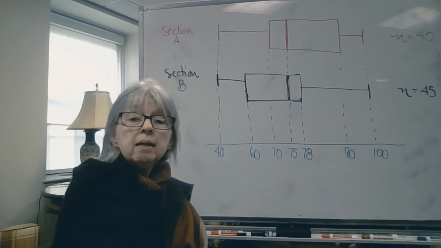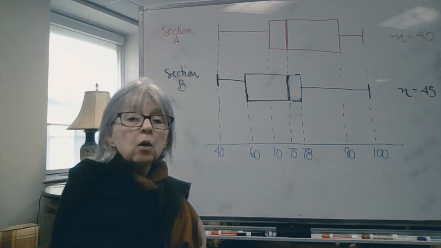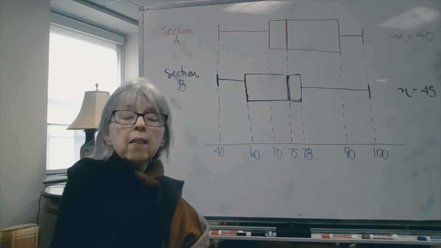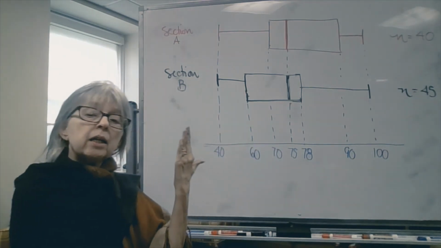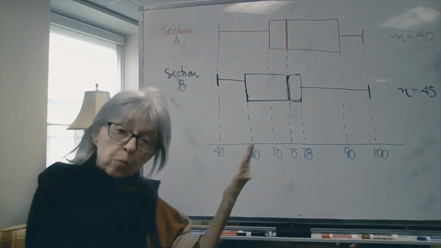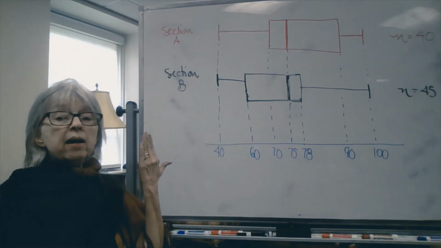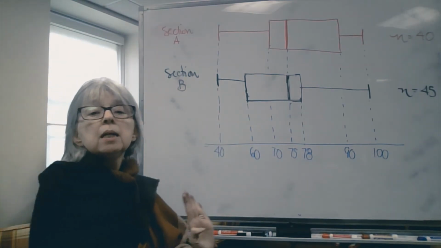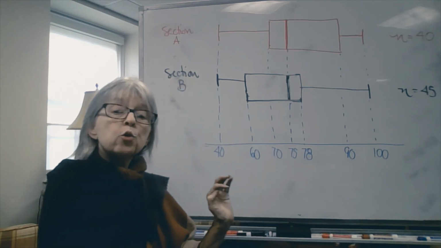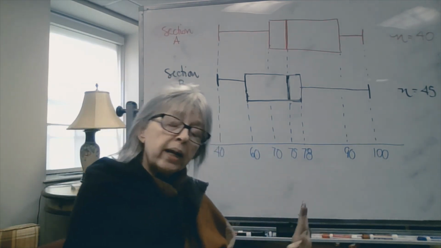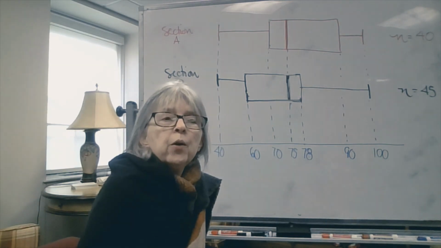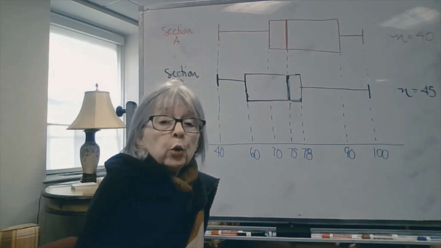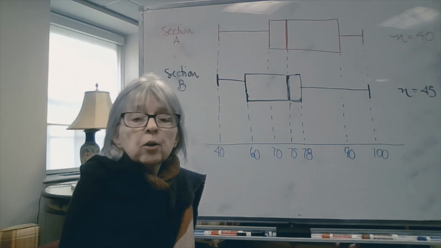The mean for Section A was lower than the mean for Section B. Why? Because Section A is skewed left, so the mean is pulled left. Section B is skewed right, so the mean is pulled right. So if I just told you high, low, median, and mean, you'd think Section B was the better class.